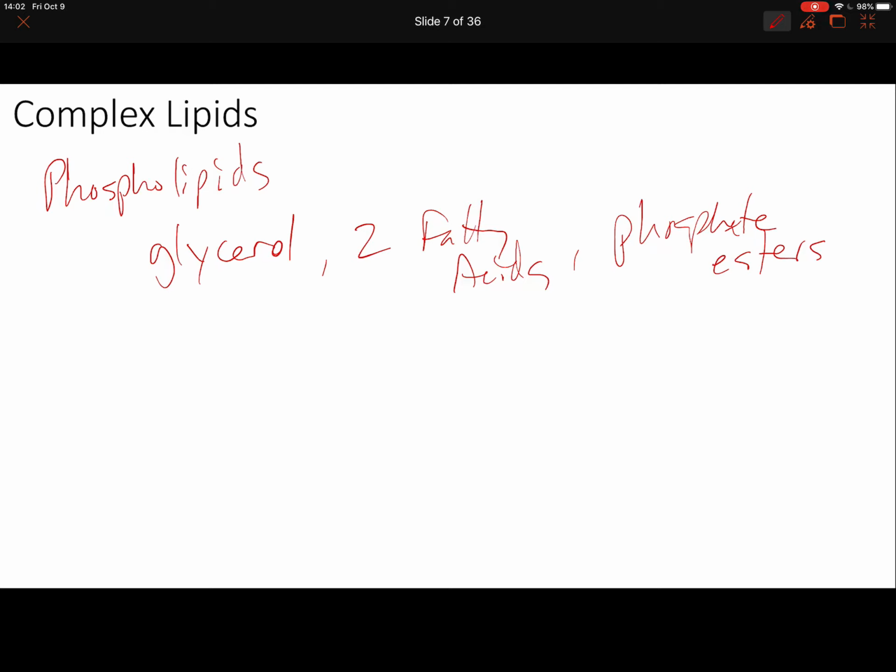There's a couple different types of phospholipids. Phospholipids could contain glycerol. When they do, they're called glycerophospholipids. And when they don't contain glycerol, they contain a different molecule called sphingosine.